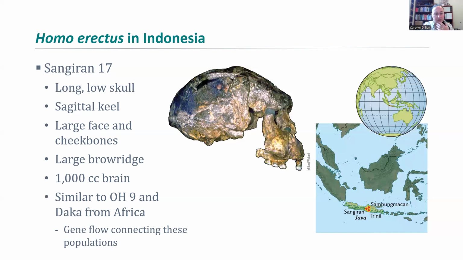Now, the other thing that I should just point out that's on the slide is that it does have some similarities with some of the African species too. So what this suggests is that, we've talked about gene flow, there may have been some connections between the Asian Homo erectus and the African Homo erectus. And perhaps these populations were moving about quite a bit on the landscape.